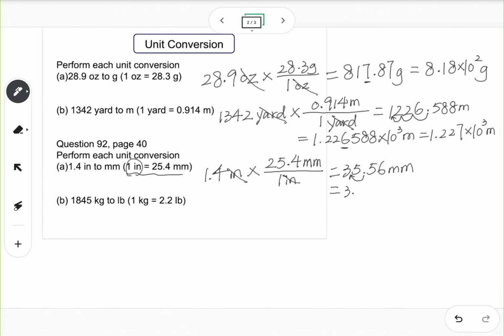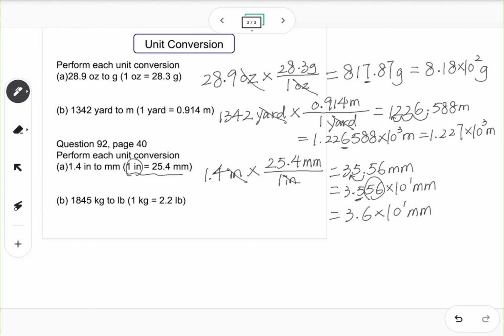That will give us 3.556 times 10 to the 1 millimeter. Now we consider the significant figures. We're supposed to have 2. You drop this 5, of course, because this is 5, so you need to round it up. Now that will give us 3.6 times 10 to the 1 millimeter.